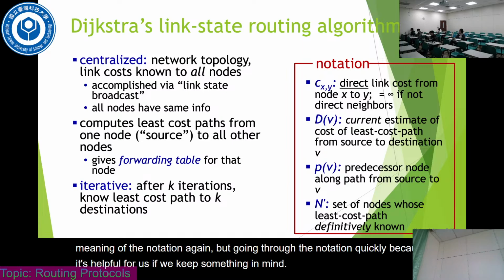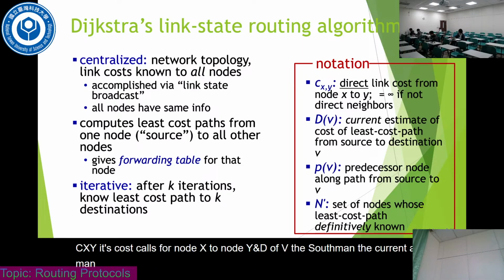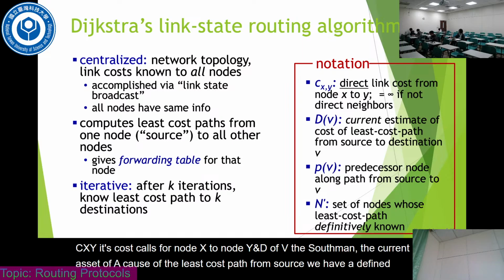c(x,y) is the cost from node x to node y, and D(v) is the current estimate of the cost of the least cost path from the source to destination v.